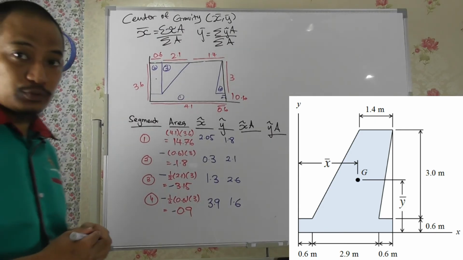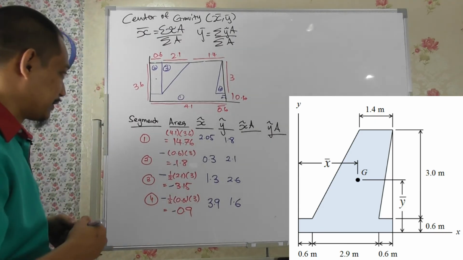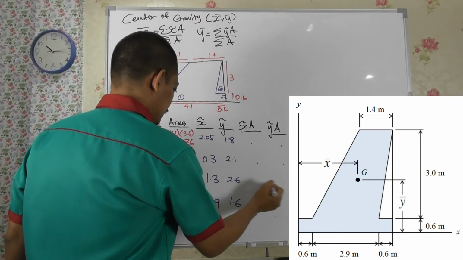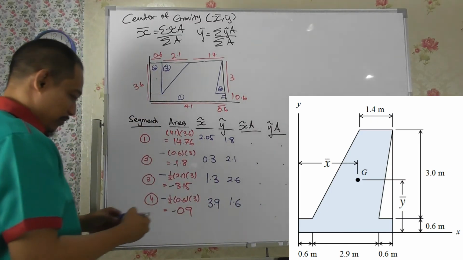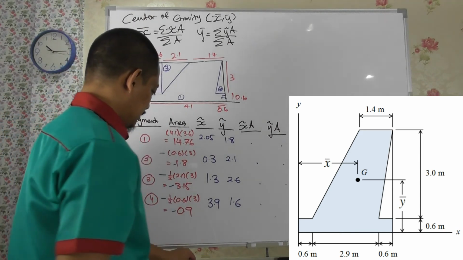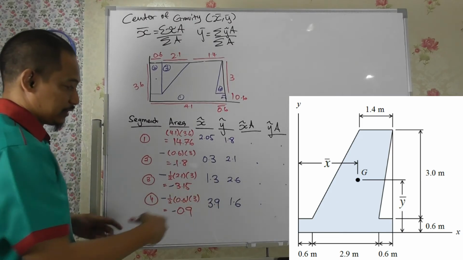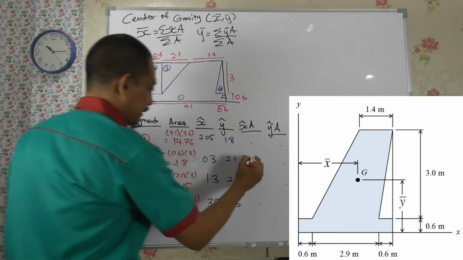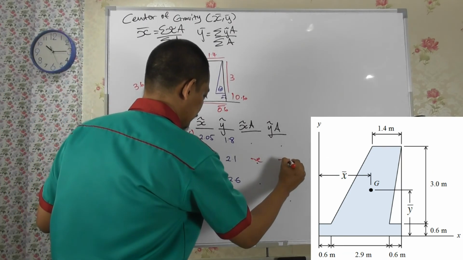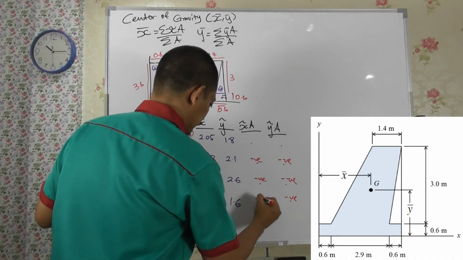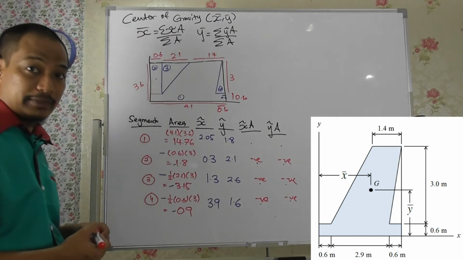Alright, so that's the coordinate of each segment. The rest is just calculation, using your calculator. Obviously, because of negative area here and all the coordinates are positive, you get negative values here, all of those values will become negative.